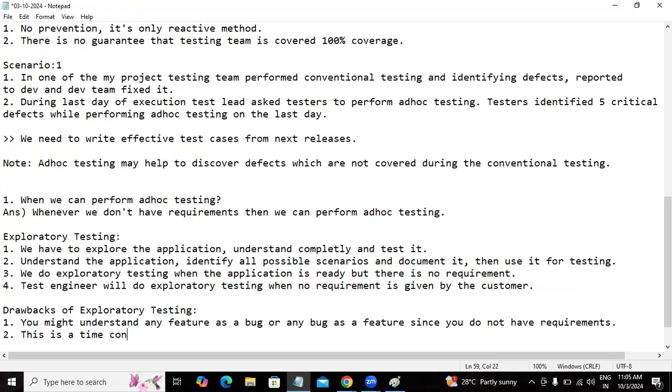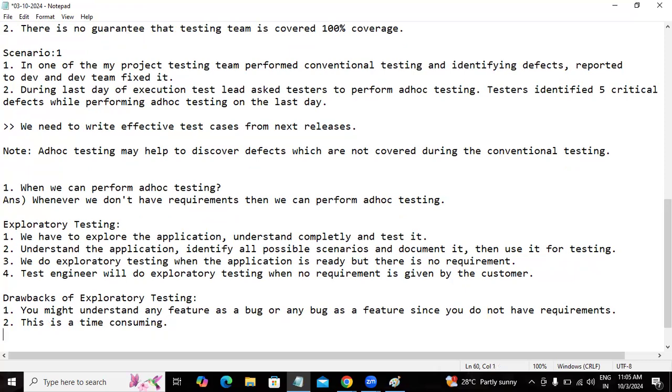If there is any bug in the application, you will never know about it.